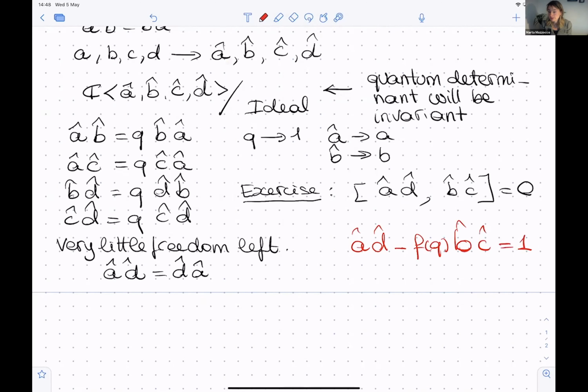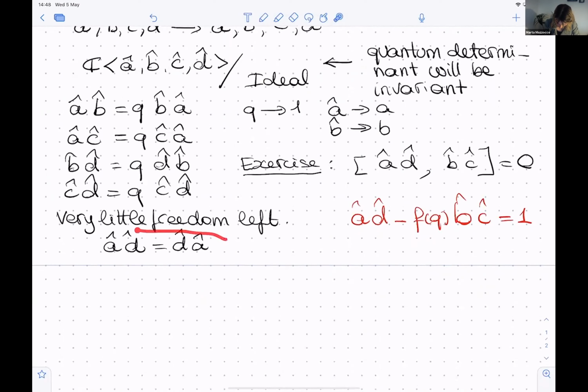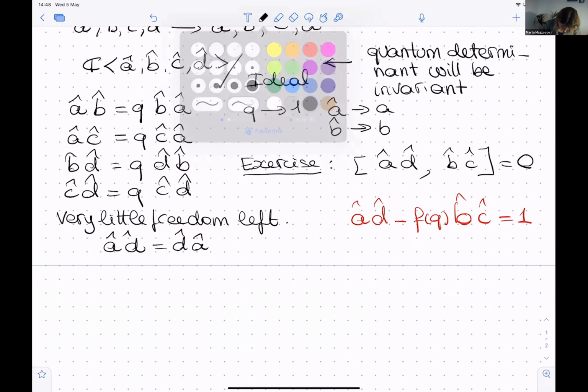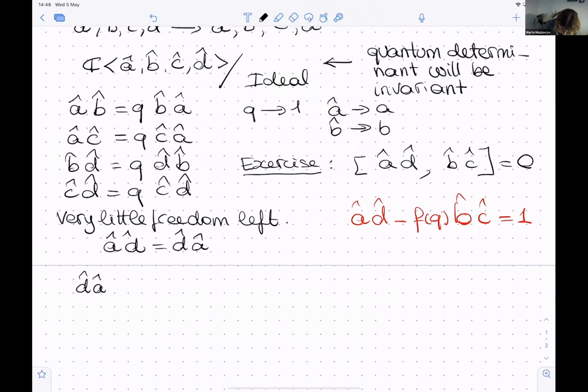So this will be our quantum object, which replaces the quantum determinant. At the moment, I'm not even choosing what this f is. And now let's see what happens if I decide that A and D commute. Well, if A and D commute, we have that dA can actually be written as d AD d minus 1.